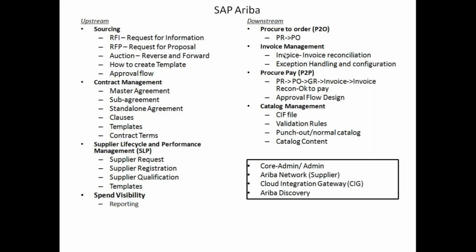You will find people in the market who worked on P2P or invoice management for 2, 3, or 5 years and never saw the upstream part, or people who worked on sourcing and contract management but never saw the downstream part. So that is the benefit we will provide in our training: we will cover all aspects of the upstream and downstream modules.